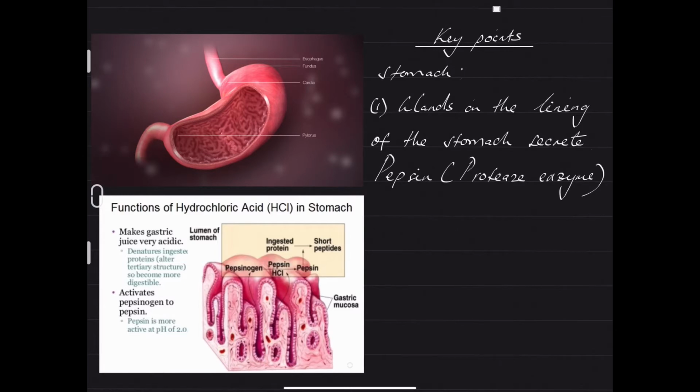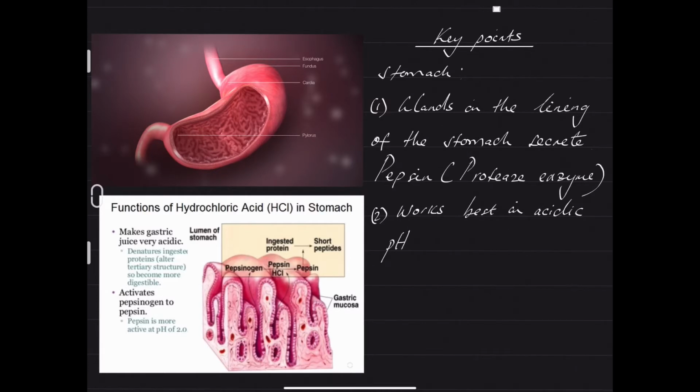Pepsin has an optimal working condition of a low pH value, so works best in acidic pH.